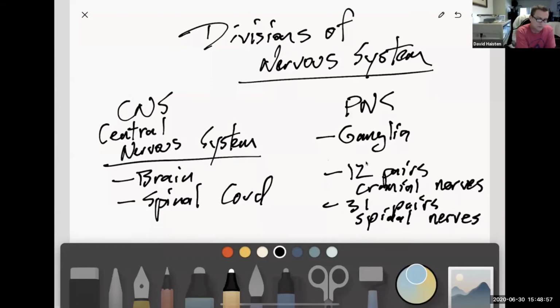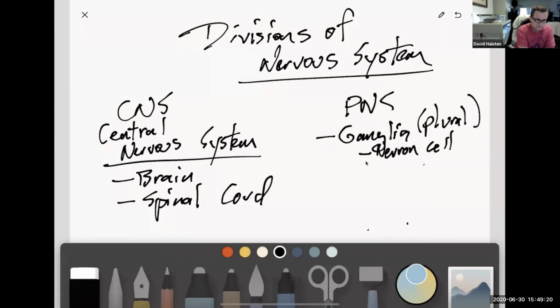That's plural. Neuron cell bodies. Outside of CNS.